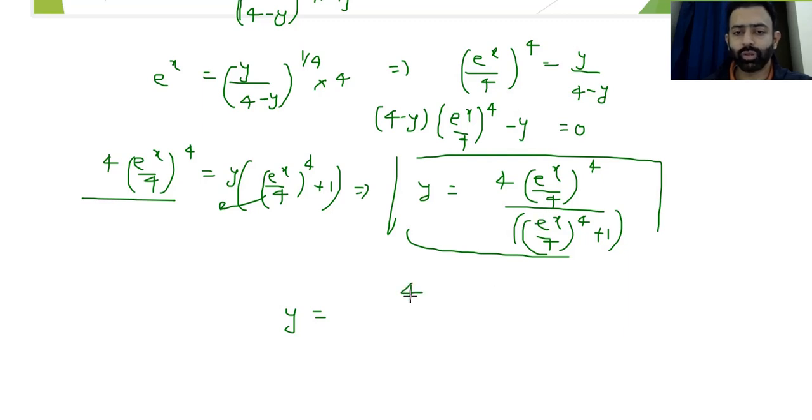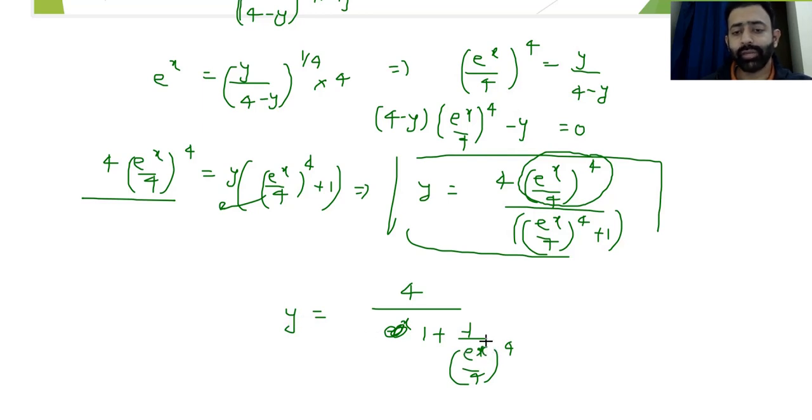From this term I have to divide both the numerator and the denominator. So it will just be 4 in the numerator and in the denominator it will be 1 plus 1 over e raised to power x by 4 raised to power 4.